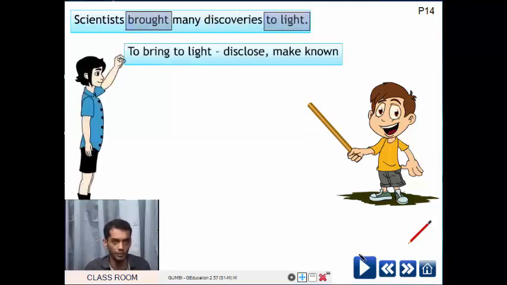To bring to light means disclose or make known. Children, so many hidden things were brought to light by scientists. For example, Newton, Galileo Galilei, etc. Understood?